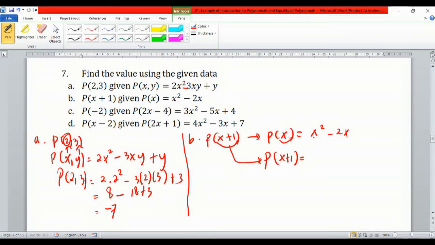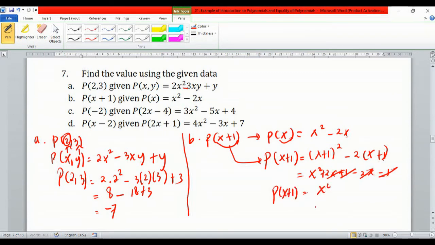So it becomes (x plus 1) power 2 minus 2 open bracket x plus 1. So you will get x squared plus 2x plus 1 minus 2x minus 1. You can cancel this, so the value for p(x plus 1) is x squared.